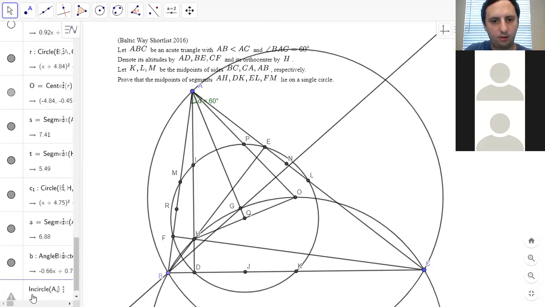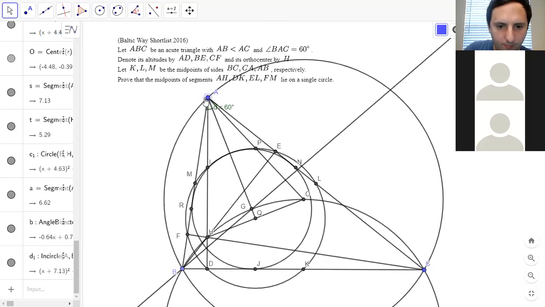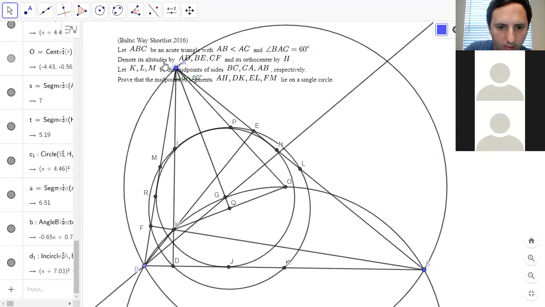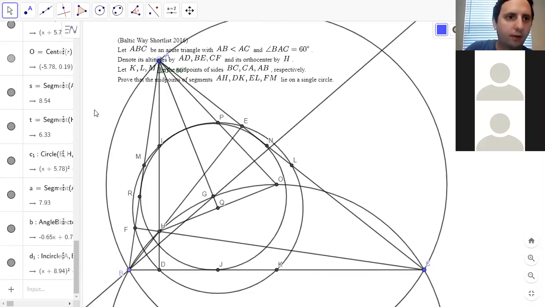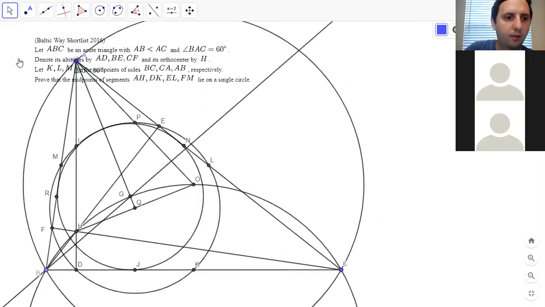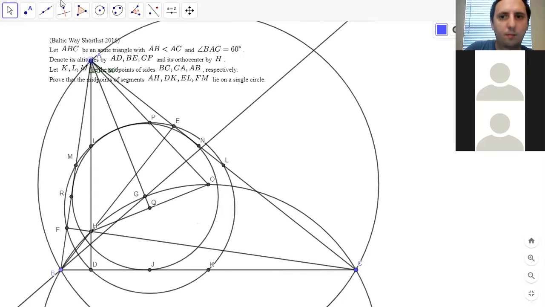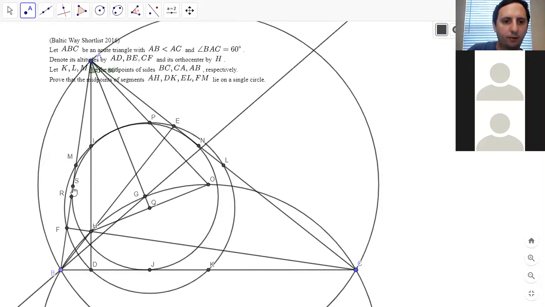Is that what you just said? But like the tangency point is closer to here. I don't think it's tangent at R. I think there's another point here. Yeah, it's tangent at this point, right?